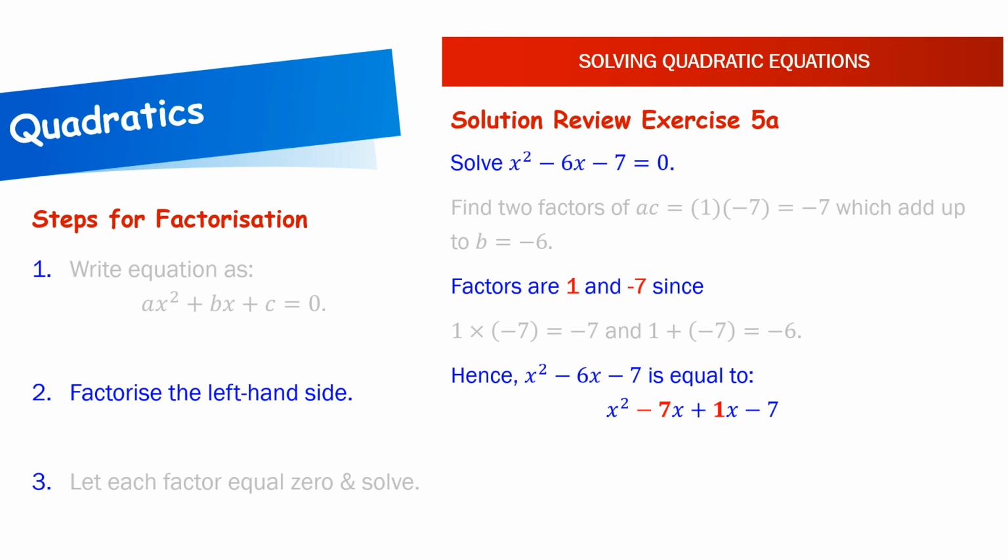And therefore, we can rewrite x squared minus 6x minus 7 as x squared minus 7x plus 1x minus 7. And this equals x times x minus 7 plus 1 times x minus 7.